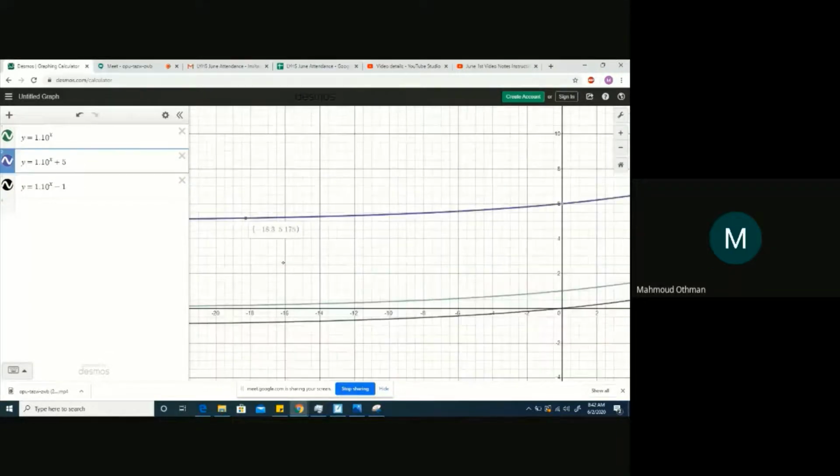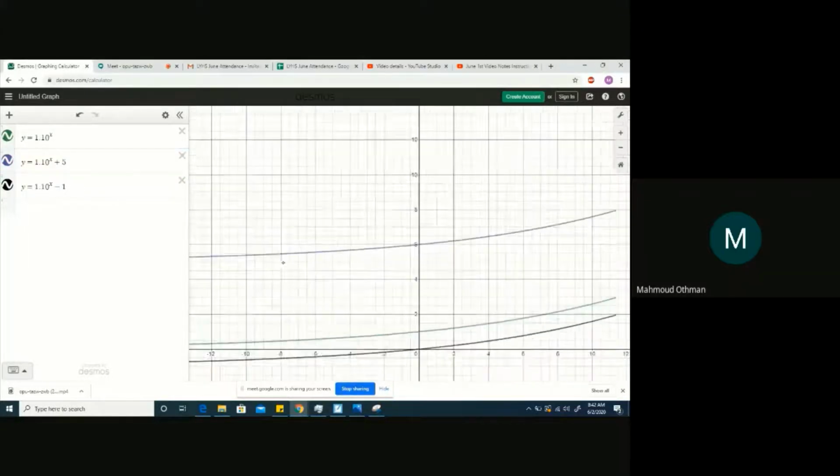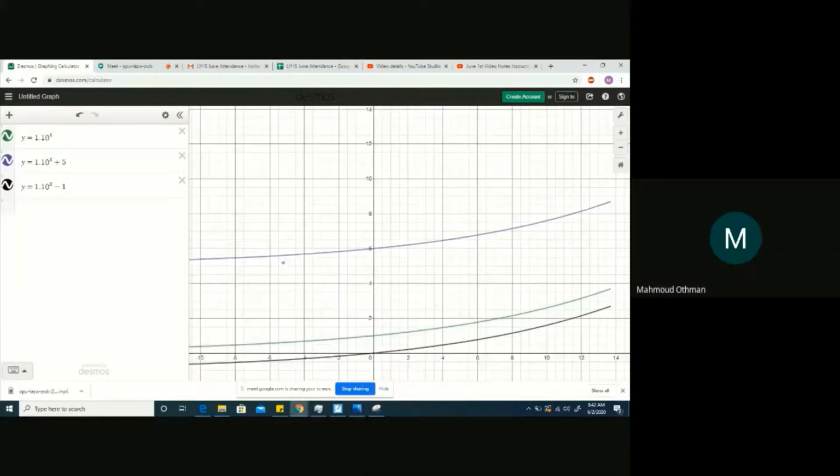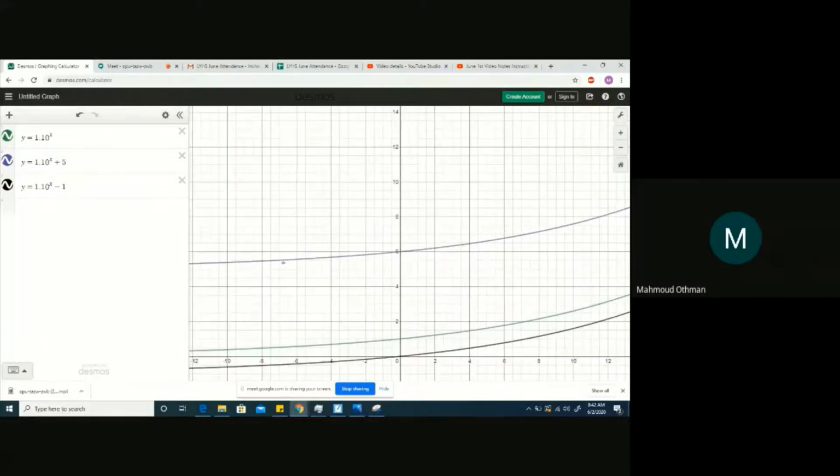If I go all the way to the left, it looks like this guy tries to approach 5. And as I go to the right, y also increases, so it goes to infinity. So from the left side, this guy tries to go to 5. From the right side, this guy tries to go all the way to infinity.